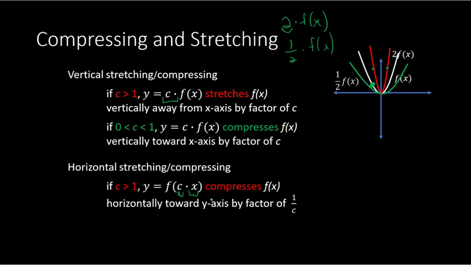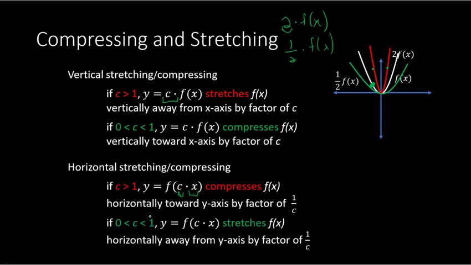And if you're multiplying by a number less than 1, so a fraction between 0 and 1, it's going to stretch out the function horizontally. The amount by which it's being stretched or compressed is you take the constant that you're multiplying by and take the reciprocal of that. That's going to be the factor by which you're compressing or stretching.